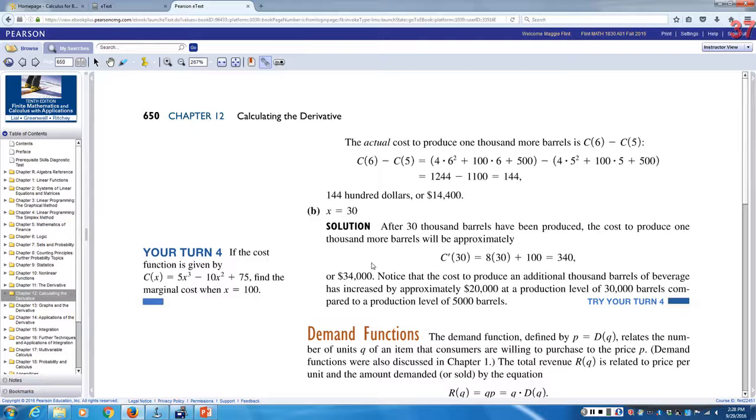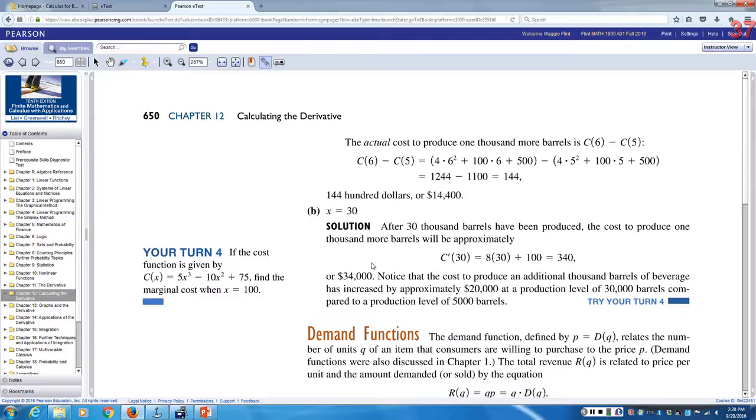Anybody? If you're producing more and more and more, aren't your costs going to go up? Okay, do they always go up at the same rate? No.